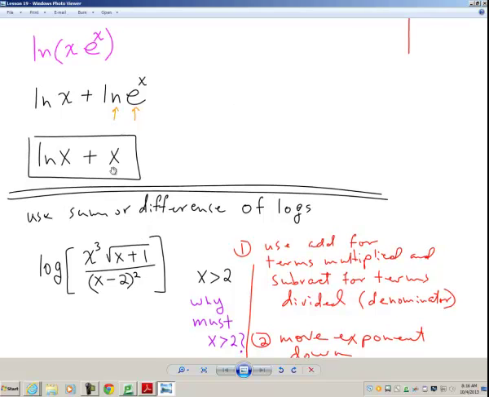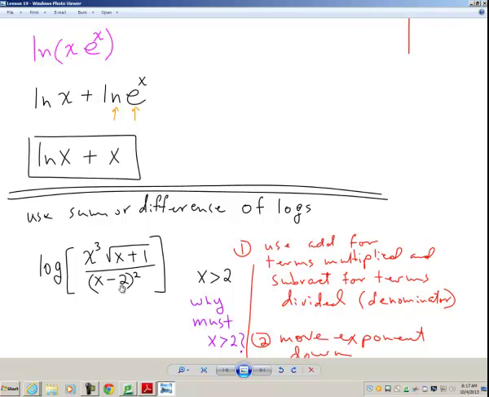Okay, now here, why does x have to be greater than 2? Yeah, because of the x minus 2, right? The domain requires that for logarithms, right, that it cannot be, what can we not have?